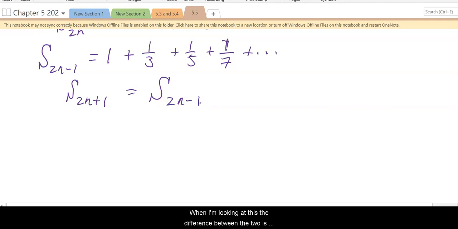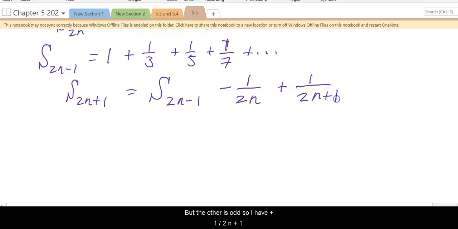The difference between the two is the two additional terms that S sub 2n plus 1 would have, which would be 1 over 2n and 1 over 2n plus 1. Because 1 over 2n is an even term, it is negative, so I have minus 1 over 2n, but the other is odd, so I have plus 1 over 2n plus 1.